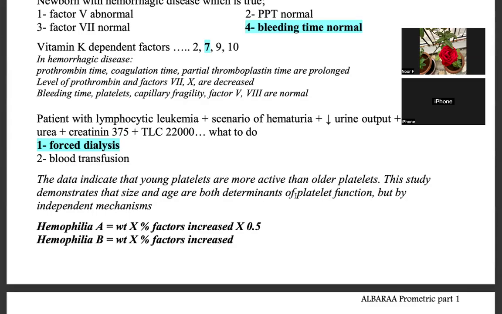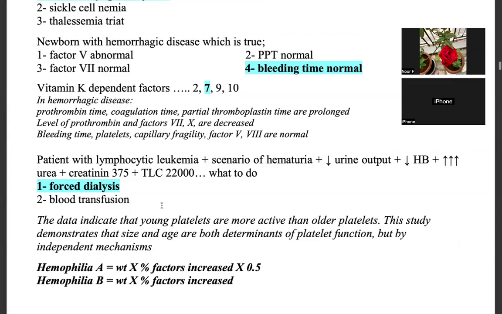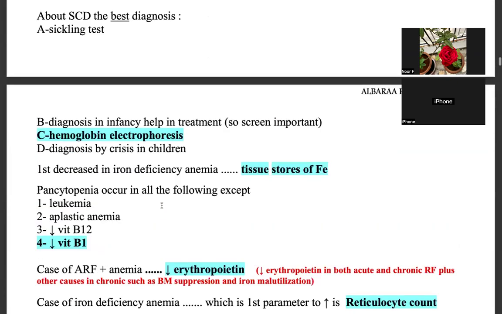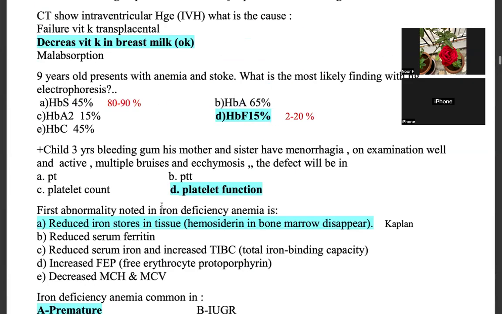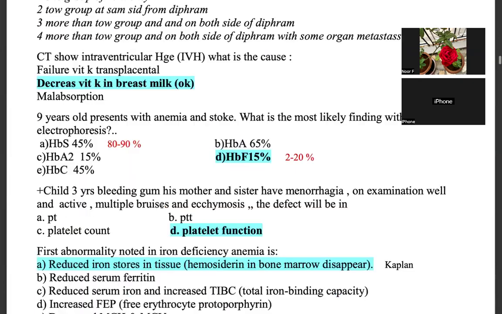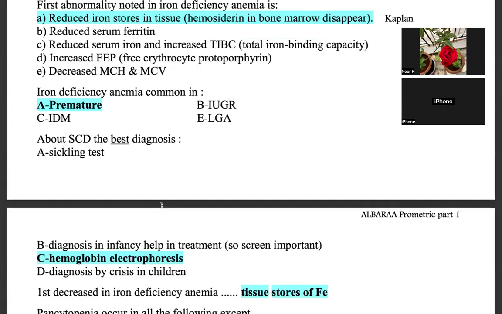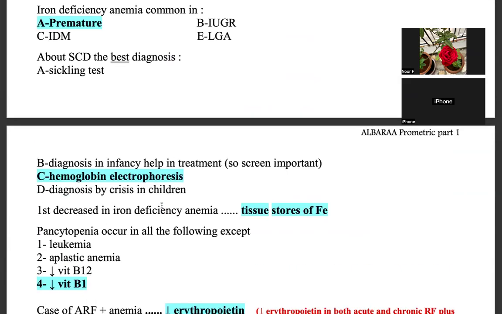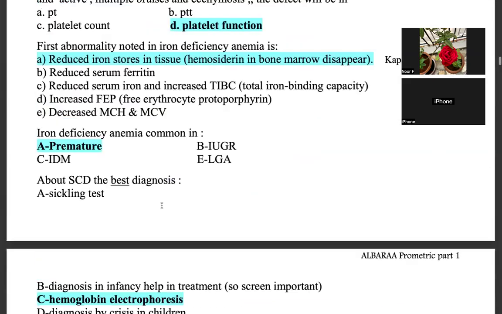And also, the explanation has no relation to the question. No, this is some other. This is for the other question. There was a question here before. You see this question, there was one question on platelets. Now he is giving the answer for that question. Okay, young platelets are more active than older platelets.